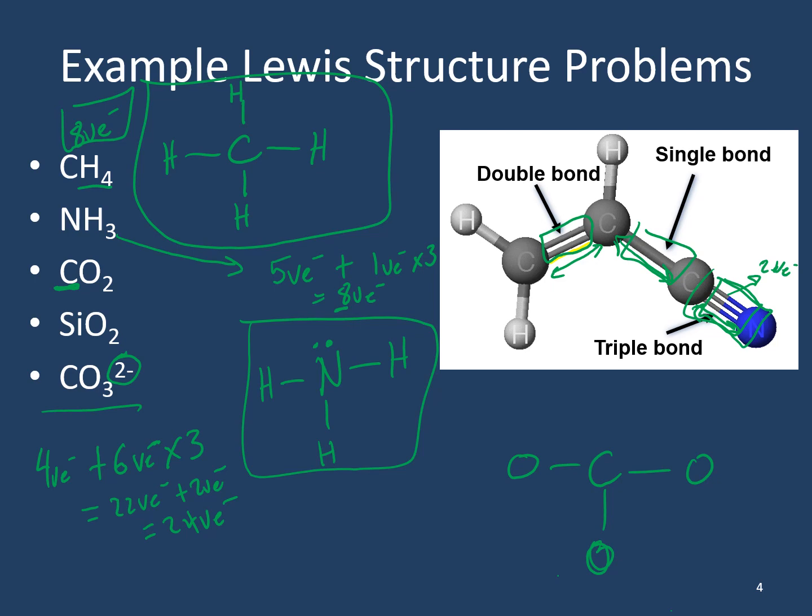Okay, so next we have to add our lone pairs to the oxygens, right? So we have 1, 2, 3, 4, 5, 6, 7, 8, 9, 10, 11, 12, 13, 14.